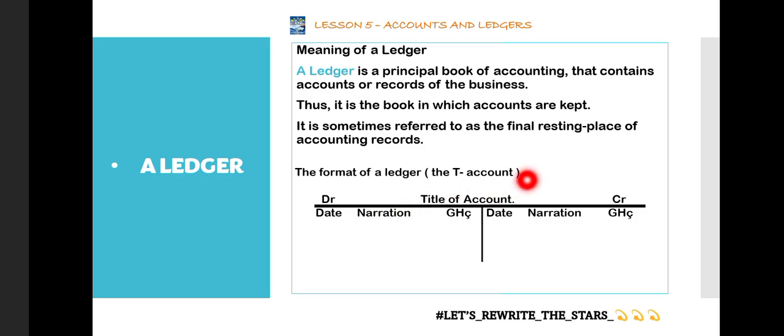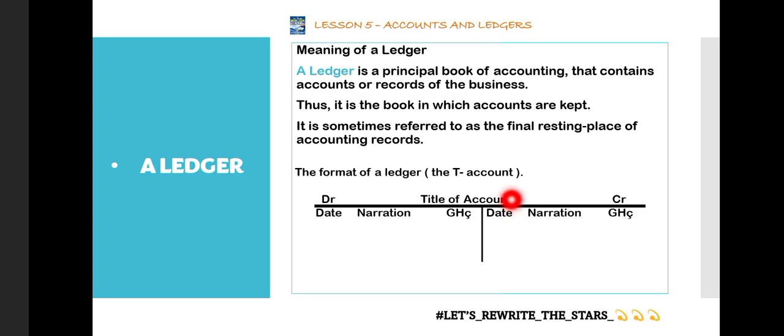If you write bank account, it is only transactions that have check inside that you can record here under the bank account. If you write cash account, it is only transactions that have cash in it that you can record here as cash under the cash account. I hope you get the whole scenario.